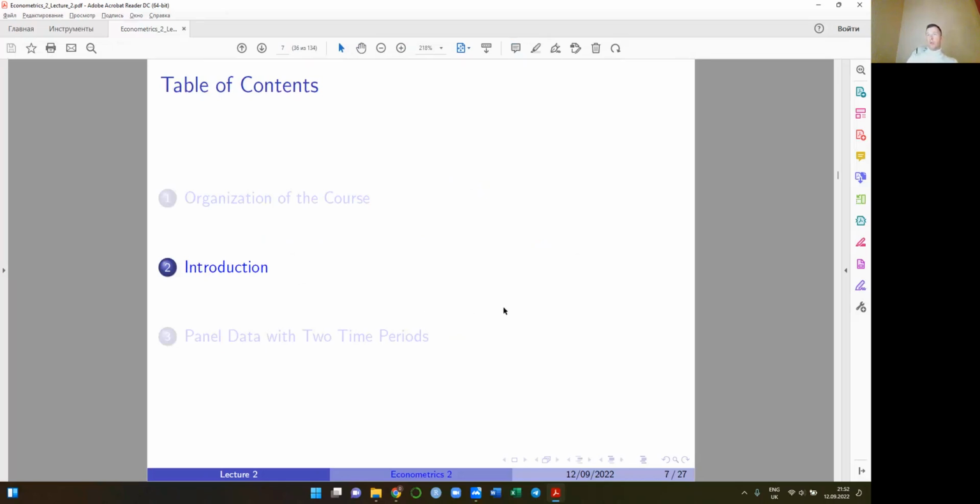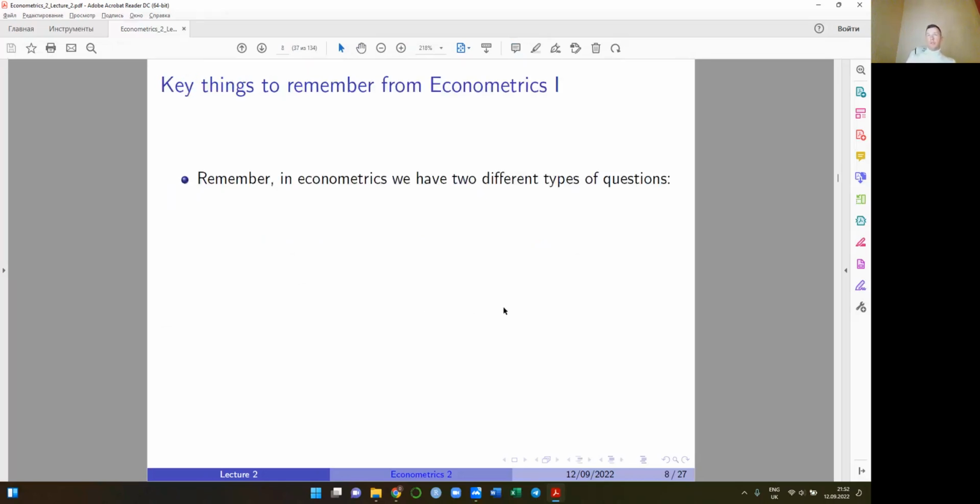Before we start the discussion of panel data, let's try to remember the most essential things from the first part of this course. We start with the two types of questions we covered during the first part.